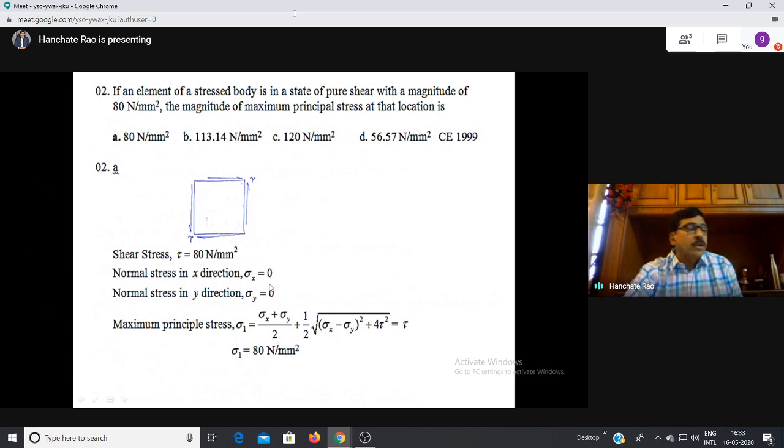So let us try to solve some problems now. Here, what we have to remember, the concept is: if we have a three-dimensional body subjected to forces, any inclined plane will have stresses normal to it and tangential to it.